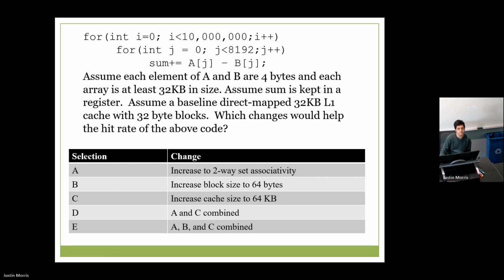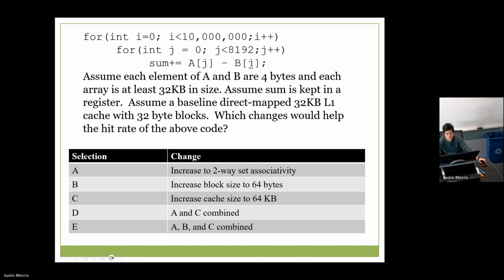Yes, because in the last one you're accessing everything from one memory stream, but here you're accessing two different ones, so that'd be A. Yeah, so we have two different memory streams.